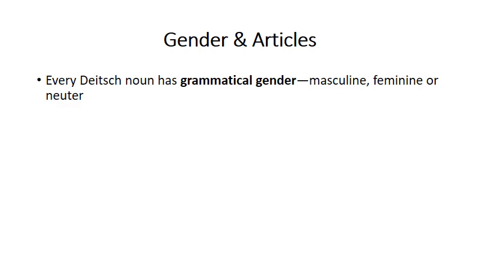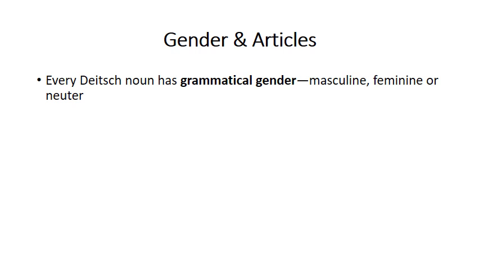Now, every single noun in Dutch has grammatical gender. A noun is a thing word, like a cup or a table or a window. It can be a thing you can't touch, or an abstract thing, like an idea. An idea is also a noun. And every Dutch noun has grammatical gender.